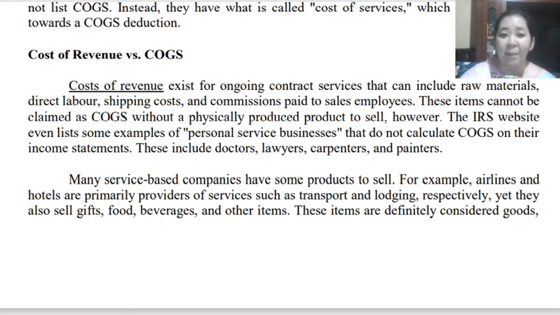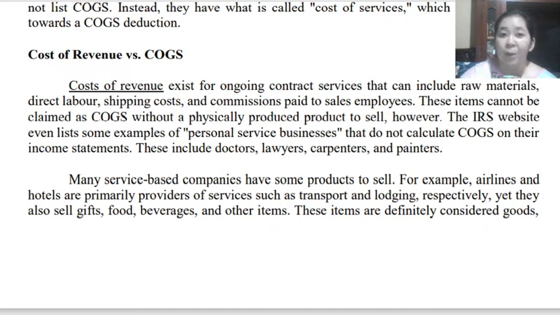Many service-based companies have some products to sell. For example, airlines and hotels primarily provide services such as transport and lodging. They do not sell inventory, that's why they belong to service-based companies.